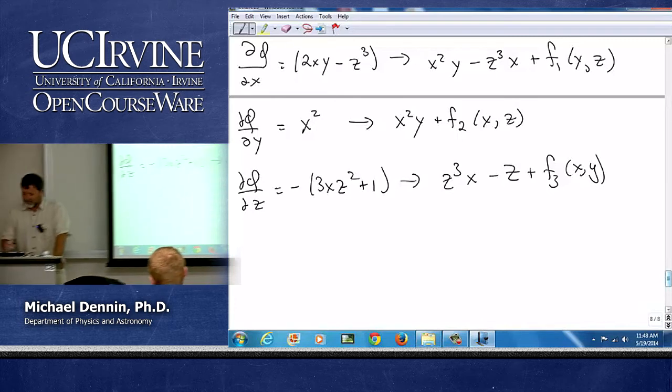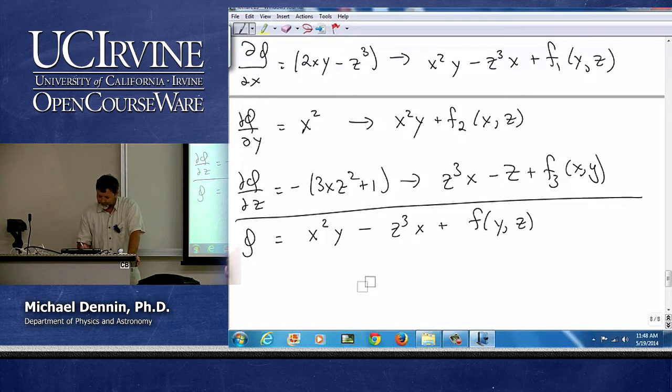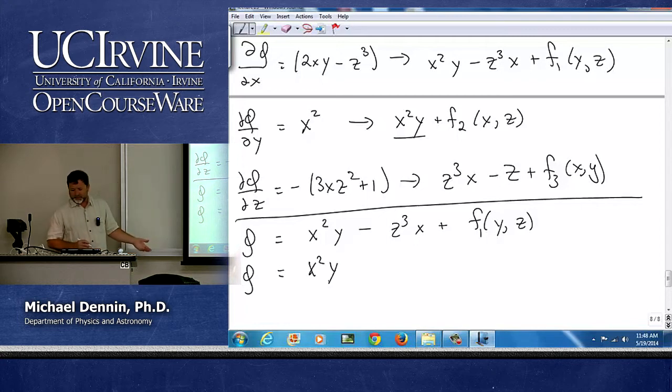So let's just line these up. My three answers for phi. My first answer for phi came out x squared y minus z cubed x plus some function that's only y and z. My next answer for phi, I look at it, it also has an x squared y, so let's just write it under there.